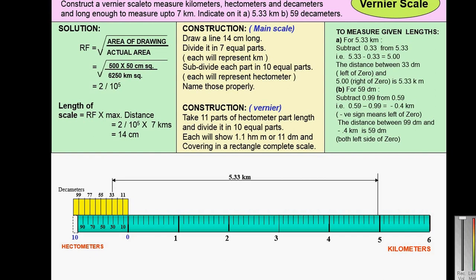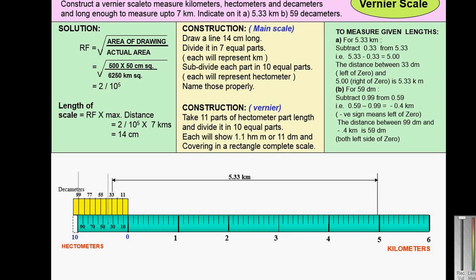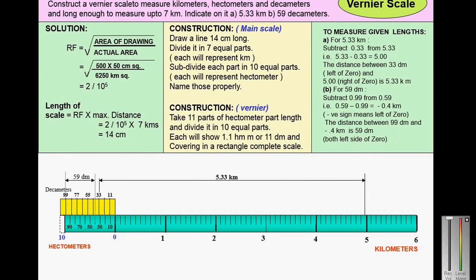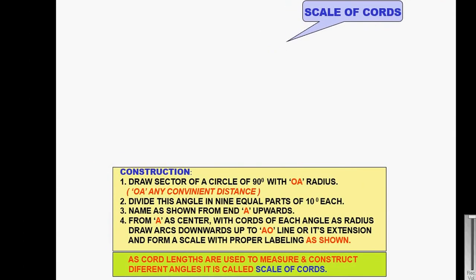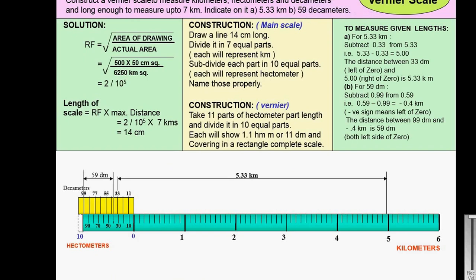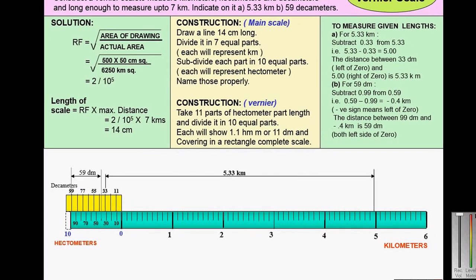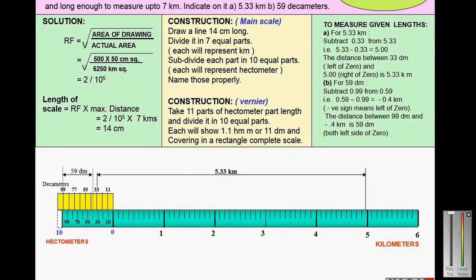This is shown in the figure, and the second is 59 decameters, which is also shown on the left side. So these are the three different types of scales: plane scale, diagonal scale and vernier scale.